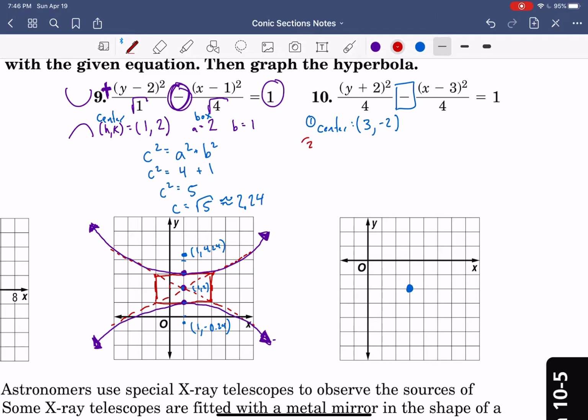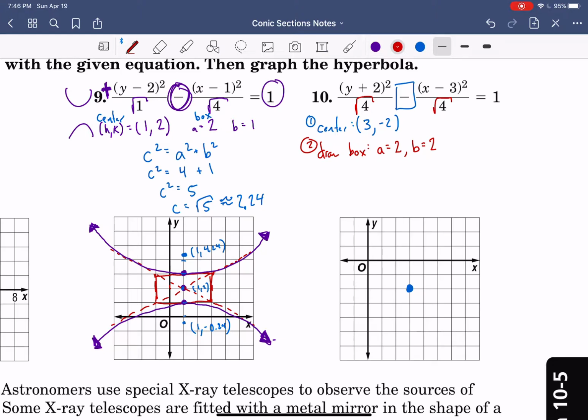Step 2 is to draw the box, right? But we need a and b for that. So a is always underneath x, and we take the square root to find a. So a is 2. And b is always underneath y, so we take the square root and we get 2 as well. So to draw our box, here's a square.